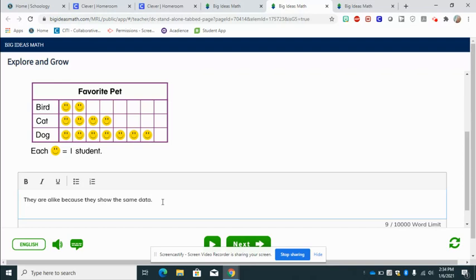They are different because one uses pictures and one uses tallies.